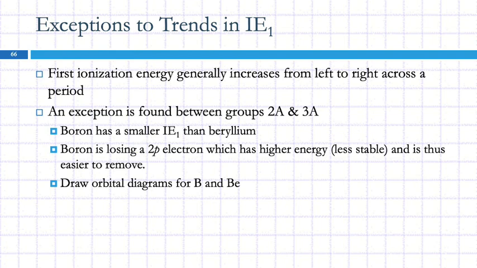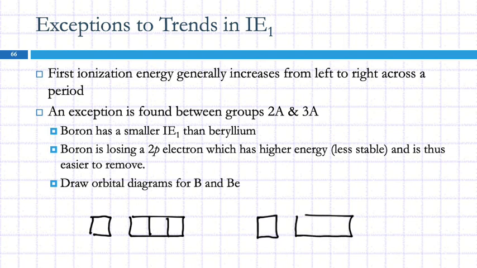So what's going on here? Well, here it's helpful to look at the orbital diagrams to see, well, what exactly are we losing? I'm going to put boron over here and beryllium over here because that's where they are on the periodic table.